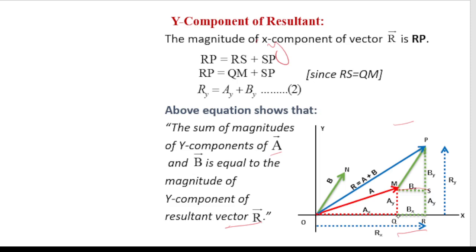QM, this one, and SP, this one. QM represents the y component of vector A and SP represents the y component of vector B. Above equation shows that the sum of magnitudes of y component of vector A and B is equal to the magnitude of y component of resultant vector R.